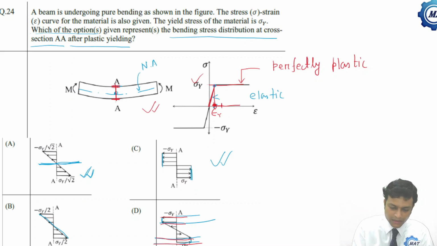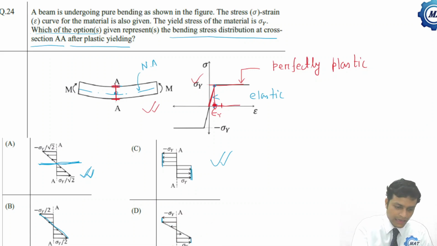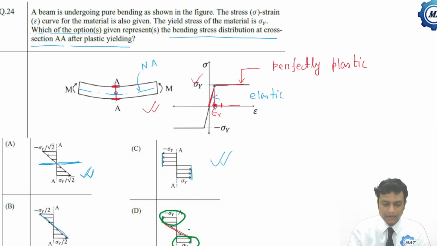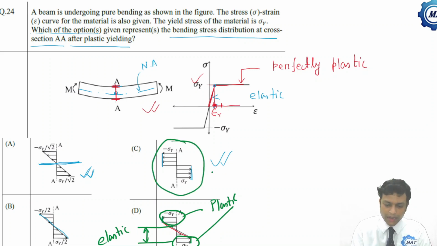But this zone is under elastic, that is linear distribution. After that it becomes constant. So these two outer zones are under plastic yielding, and inside this is elastic. And the whole layer in the other option is under plastic.